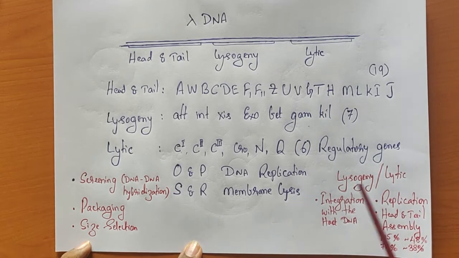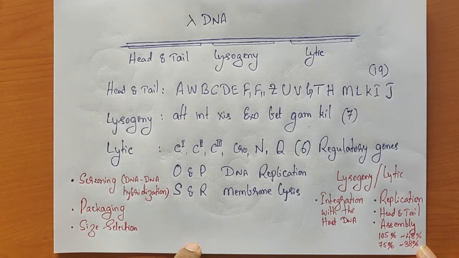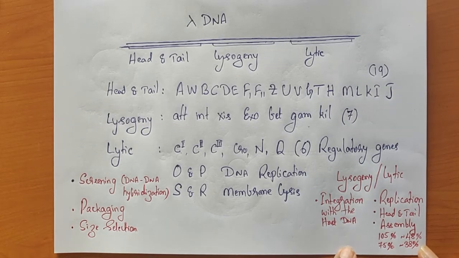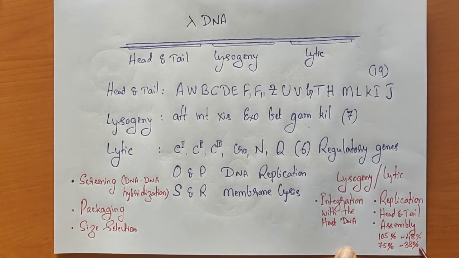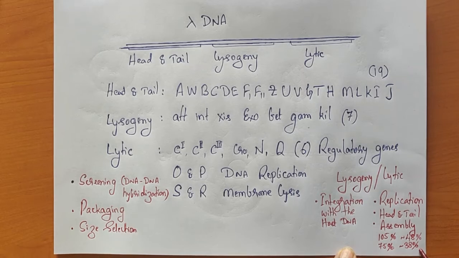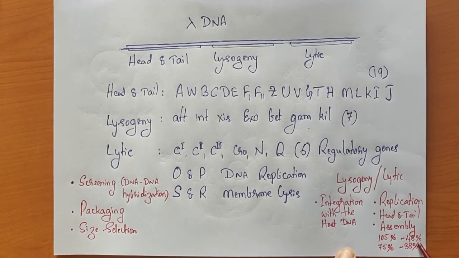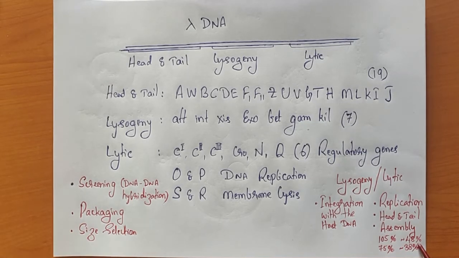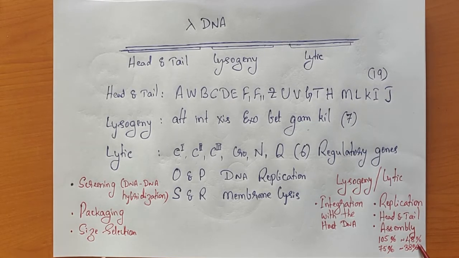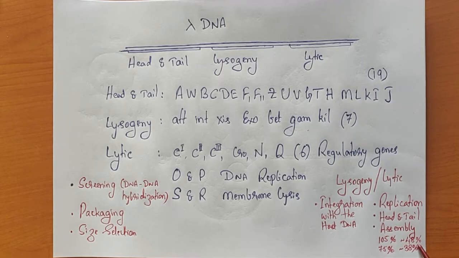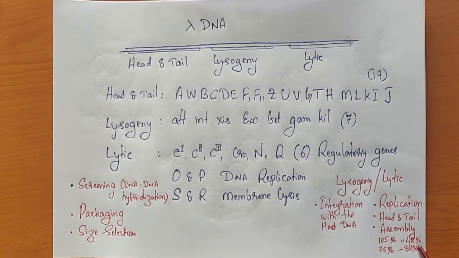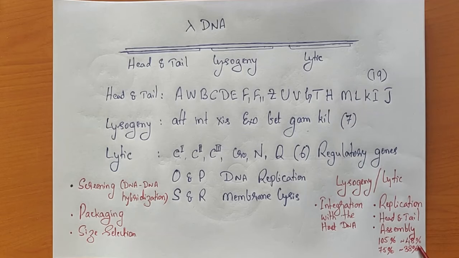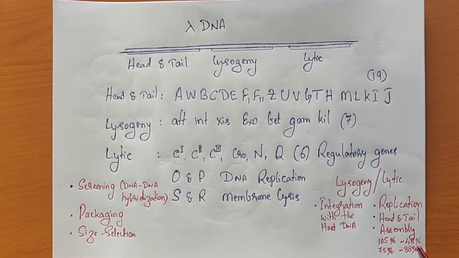Size selection is that I told you that this particular lambda DNA is 48,502, and now this genome, during the assembly or also in the packaging, has to have the exact size 48,502, but it can also accommodate a little bit extra because of the presence of jumping genes and all other things.